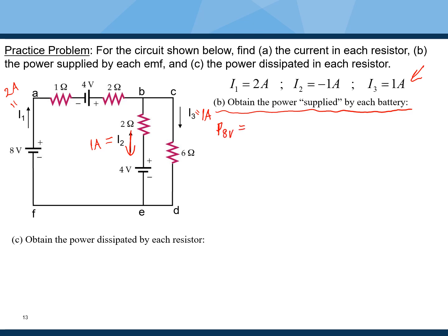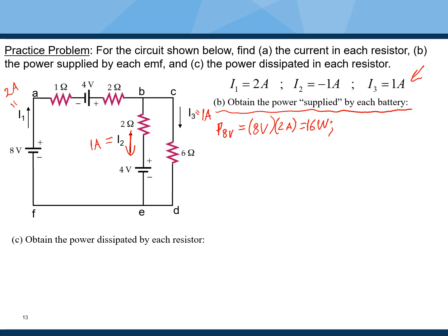And that is having current I1 flow through the conventional direction in the battery, that is on the left leg. And so we have a current of 2 amperes flowing in the conventional direction through the 8-volt battery. And so we can write this power as 8 volts times 2 amperes, which is equal to 16 watts.